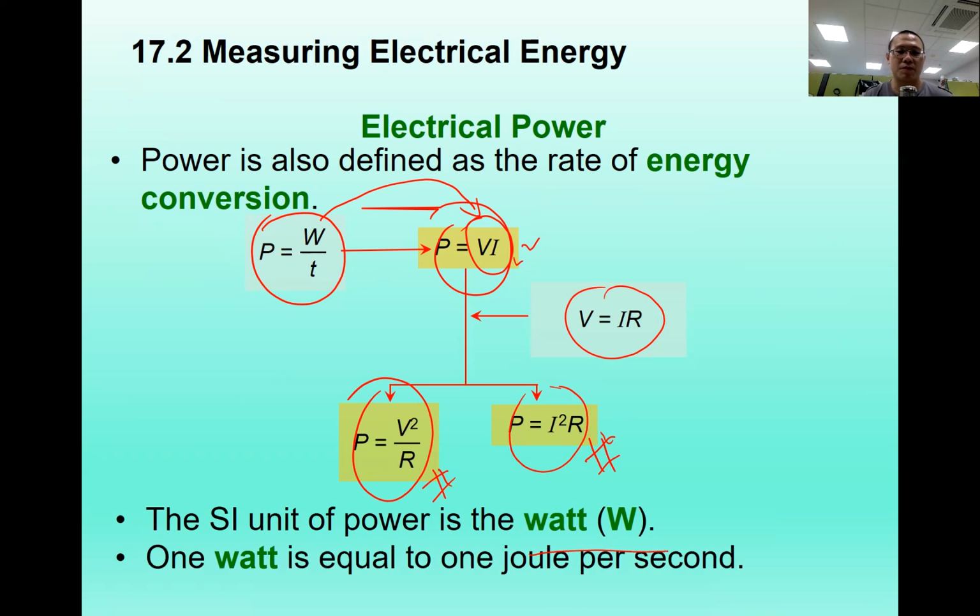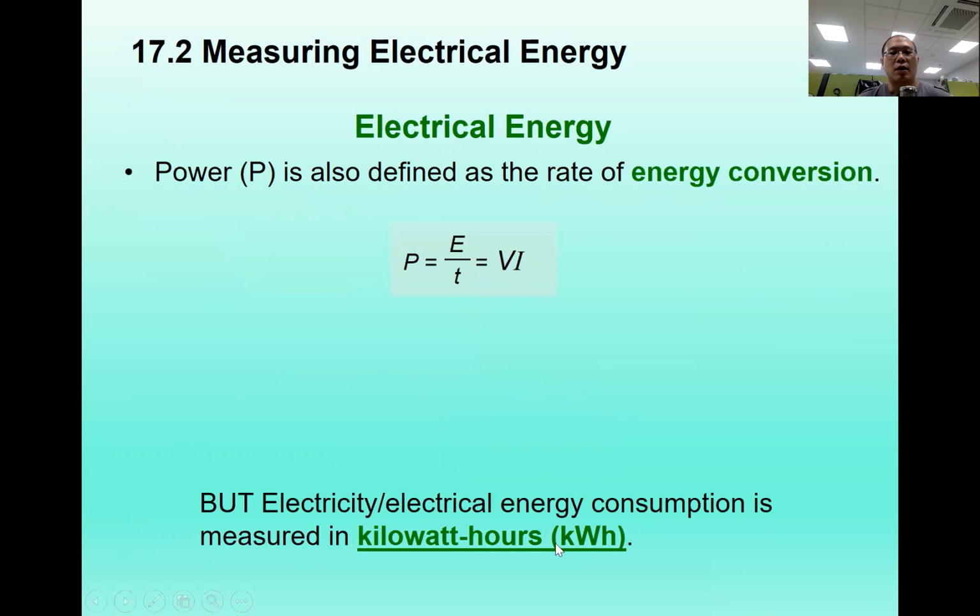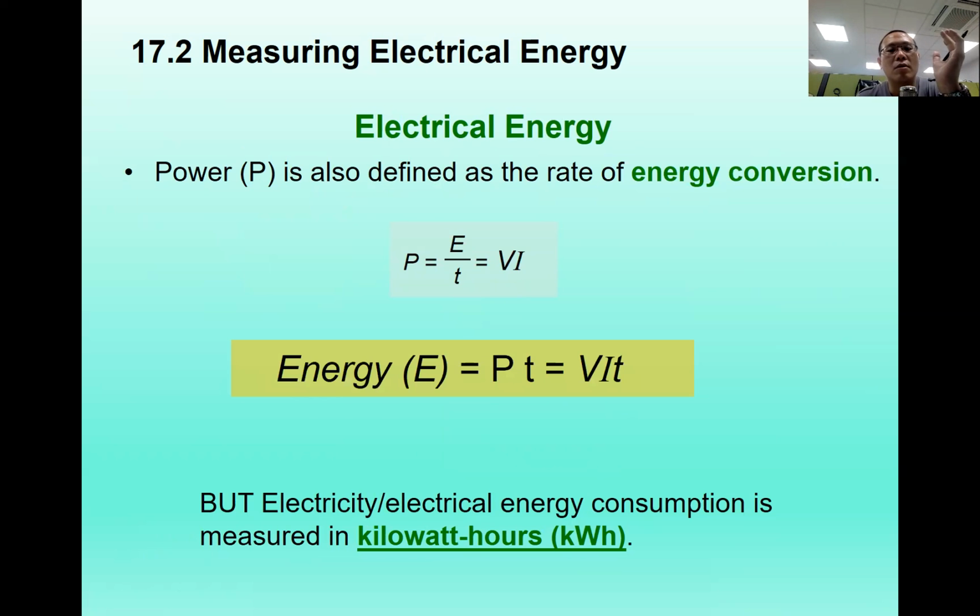Not much difference. Now, electrical energy. One thing to take note of is that in terms of calculating your bills, the SI unit for energy is joules. But in terms of presentation, if you leave electrical energy usage in joules, you'll find that the numbers generated are big.